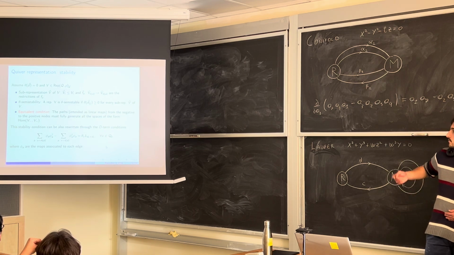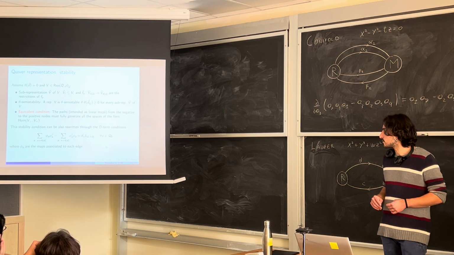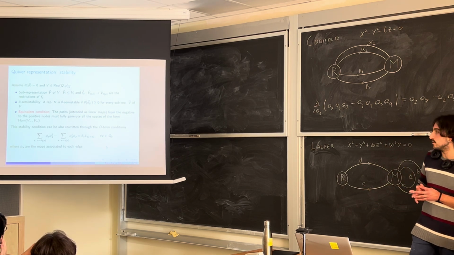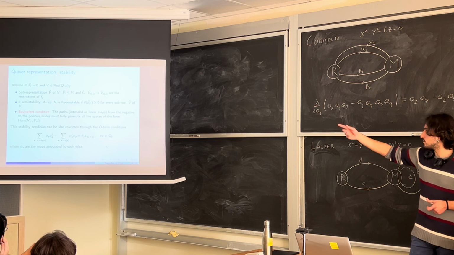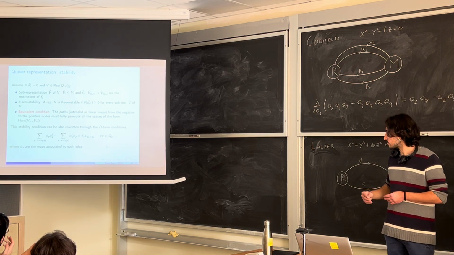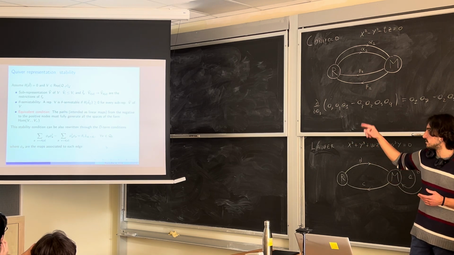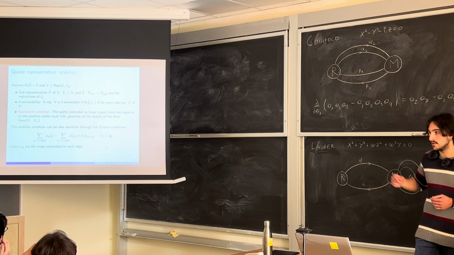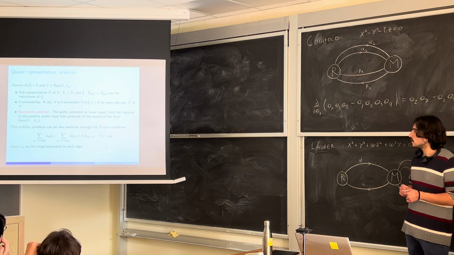So for example, I should study the stability. Well, we have to say what a subrepresentation is, which is just a choice of subspaces for each node and a restriction of the linear maps to these subspaces.